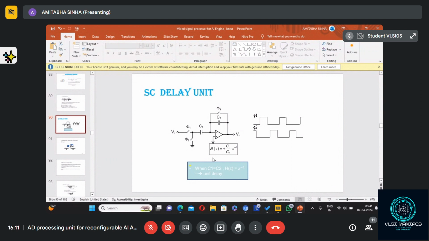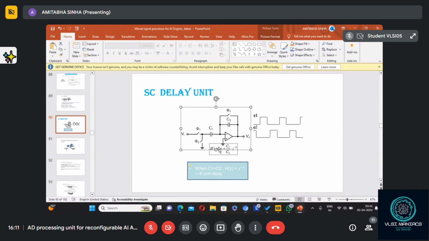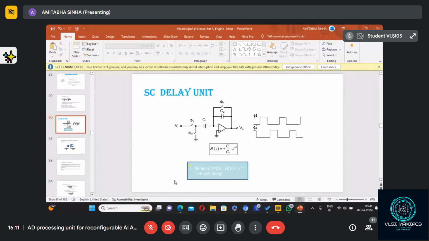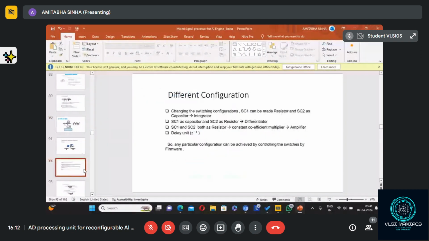So a delay unit can easily be implemented by Z to the minus 1 equal to C2 into Hz by C1. C2 by C1 is the ratio of the capacitors and Hz is the transfer function. In that way, one analog delay Z to the minus 1 can easily be implemented using switched capacitor circuits.